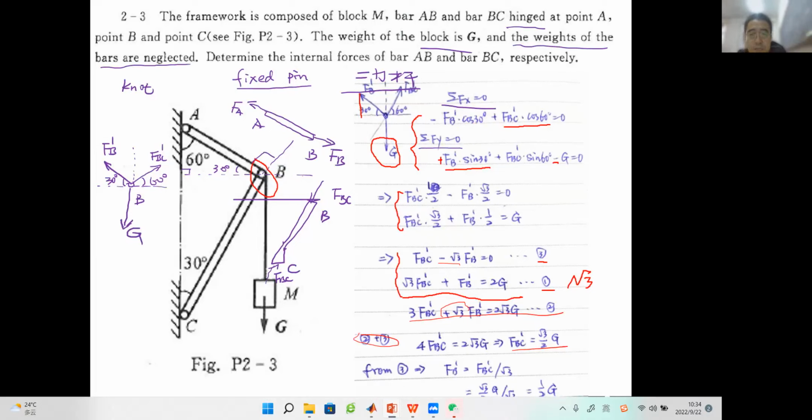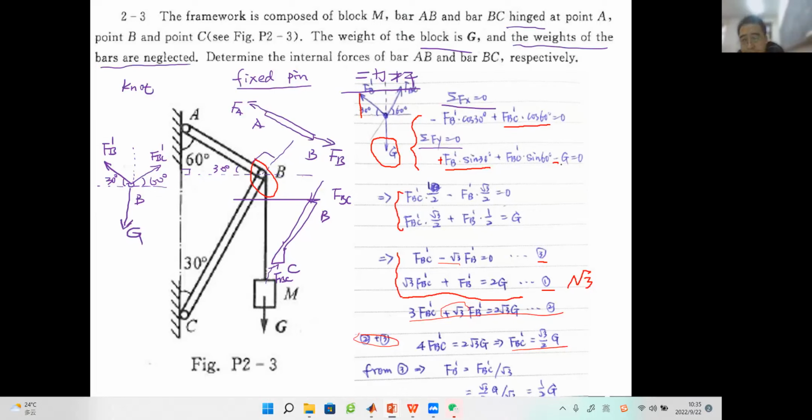This time we use FB prime times sine 30. Its direction is along the positive direction of y, so we have a positive sign here. Because it is the first part of this equation, you do not need to write the positive sign. And the second item, we have FBC prime times sine 60, also along the positive direction of the y-axis. And the third one is G, whose whole length is along the negative direction of y.